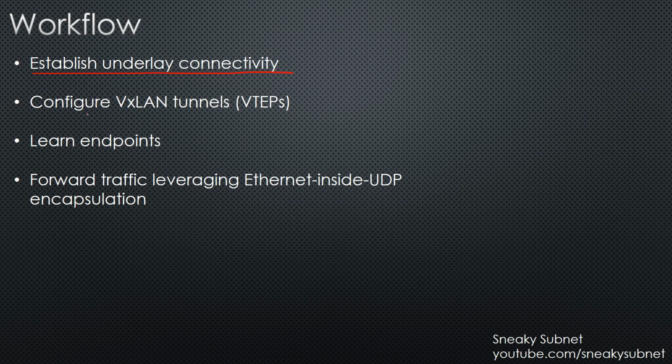Then, we'll need to configure VxLAN tunnels, and also we need to configure VTEPs, which stands for Virtual Tunnel Endpoint. Then we will need to learn our endpoints, and when these endpoints are actually learned, we can forward traffic, leveraging Ethernet inside UDP encapsulation. So let's go through the steps using our next diagram.